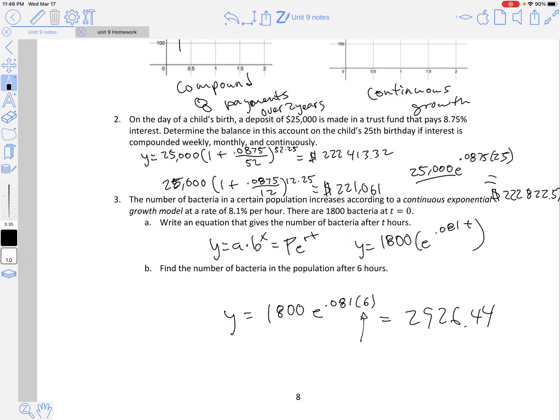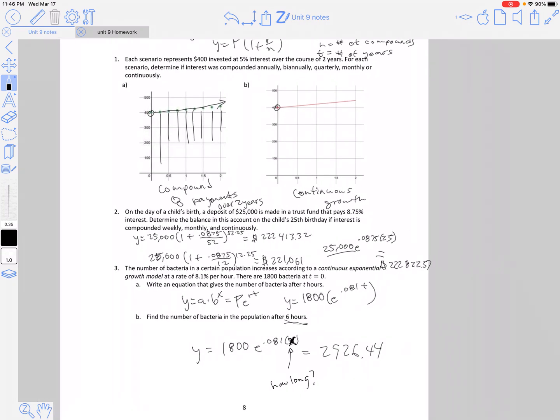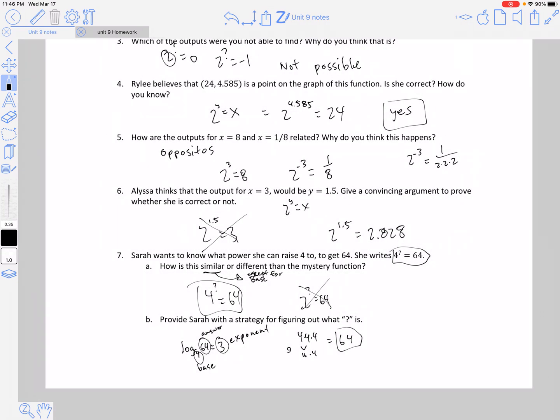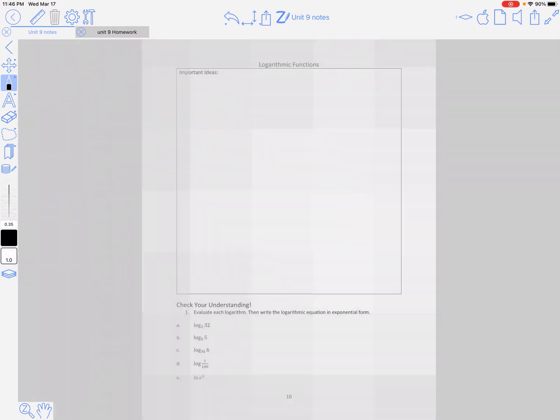What if there was a variable there and you wanted to know how long, after 6 hours, but you didn't know, and you wanted to solve this? Well, you can convert it to a log, put it in your calculator, and then solve for that exponent. So this is where this math is coming from. This symbol was created to represent this idea, this inverse of the exponential.